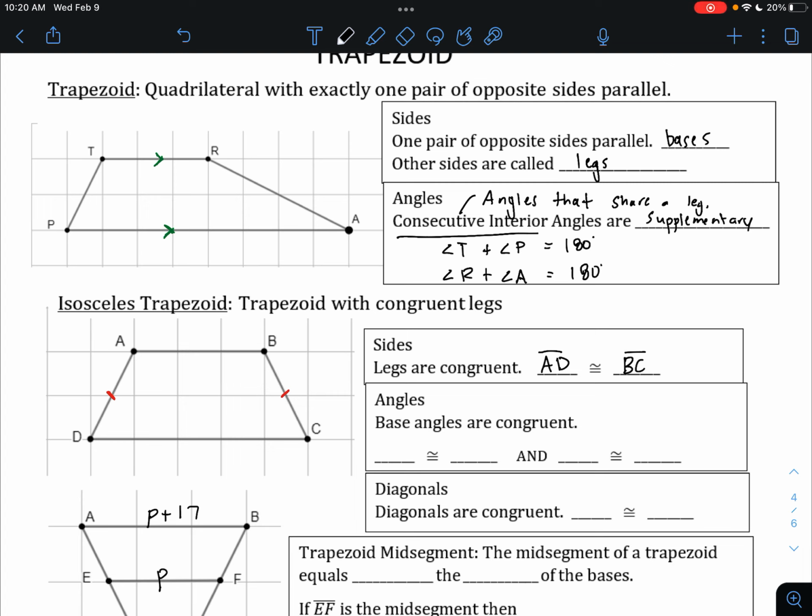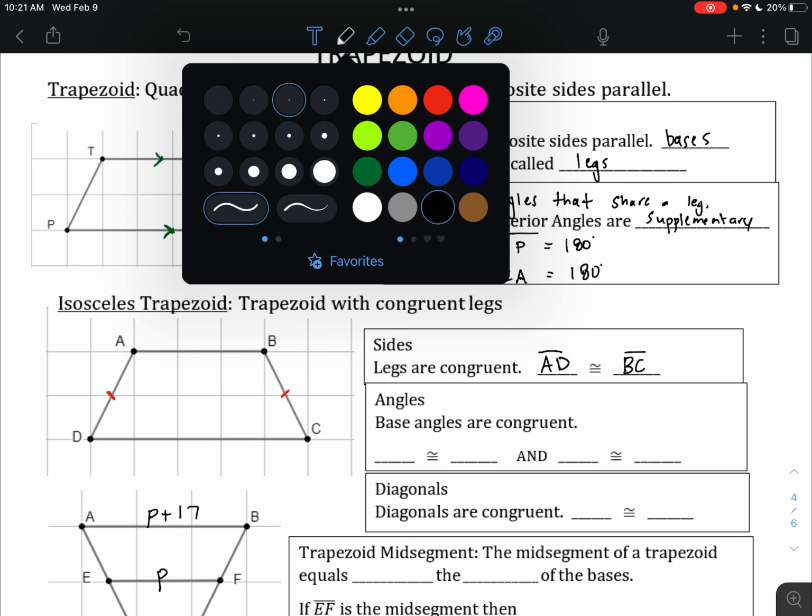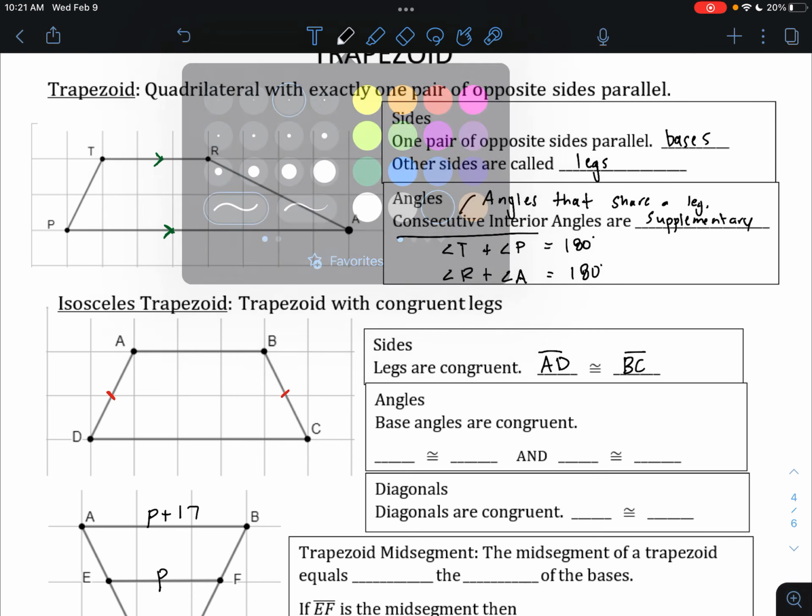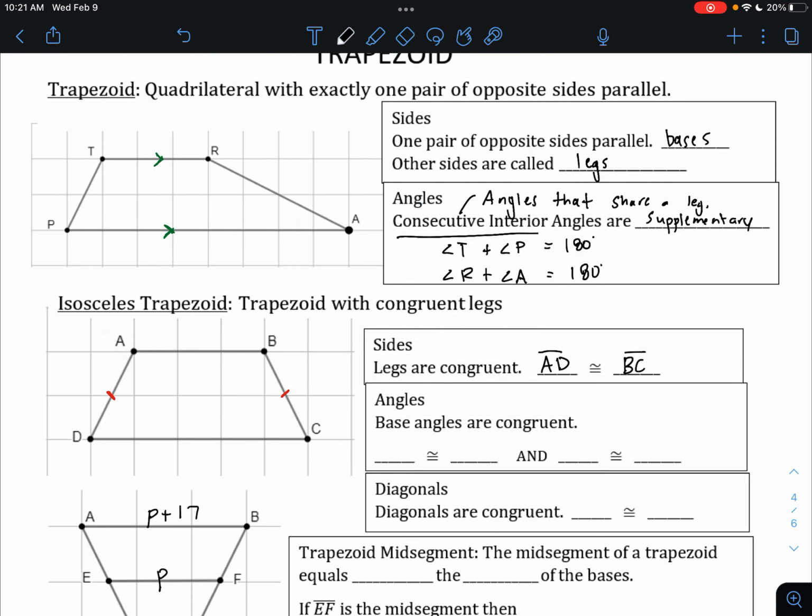Now, not only are the legs congruent, but the base angles are congruent as well. Wait, hold on, we don't know what base angles are. Base angles, as the name might suggest, are simply angles that share a base. We talked about consecutive interior angles, or angles that share a leg. Base angles are angles that share a base.